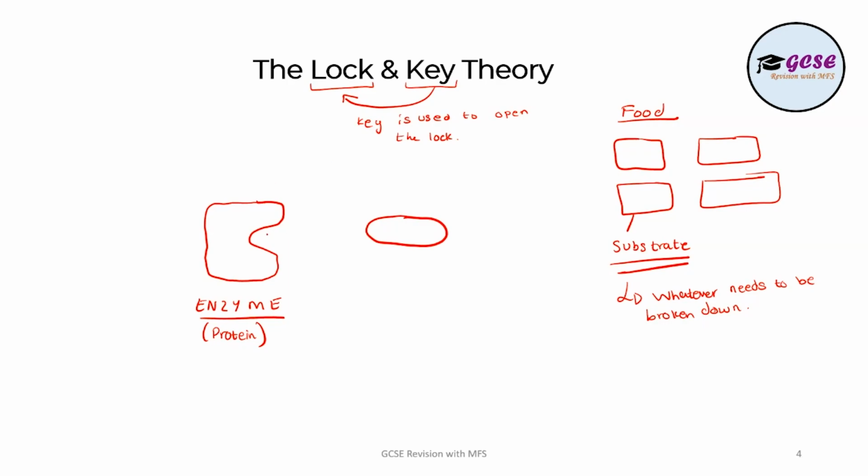Each enzyme has a specific active site, and the active site is just basically this part. The part where the substrate is going to fit onto is called the active site. So this is what you call the active site of the enzyme.